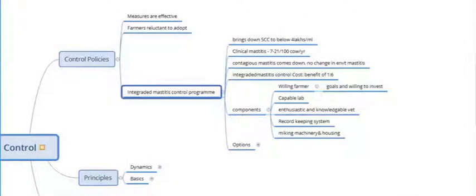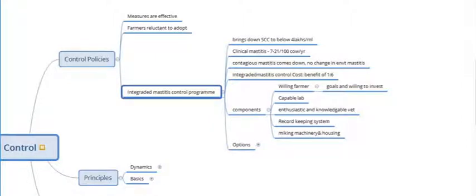So, integrated mastitis control programs have been applied in many nations where milk production has been industrialized, and where the quality of milk is seriously evaluated.